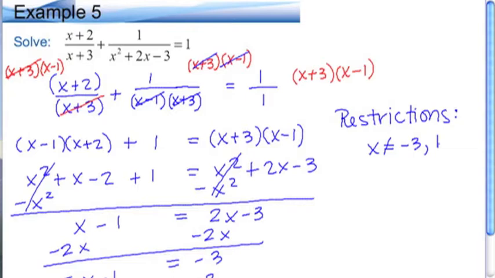Thankfully, that wasn't our answer. We got x equals positive 2 as our answer. And if we substitute that back into the original, it should check out and equal to 1. If we had obtained negative 3 or 1 as our answers, we would have no solution because we are not allowed to use either one of those.